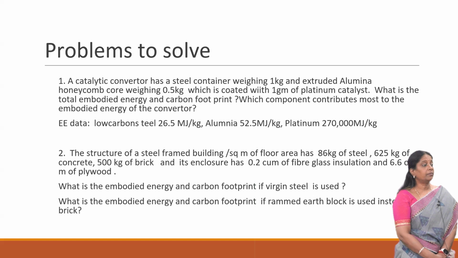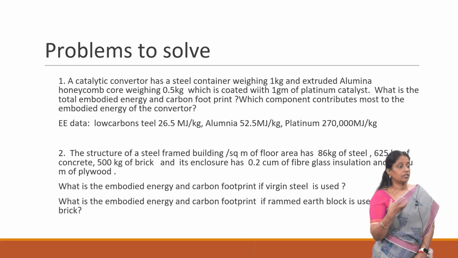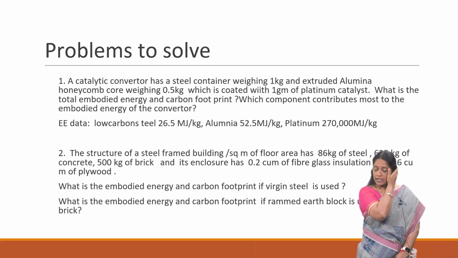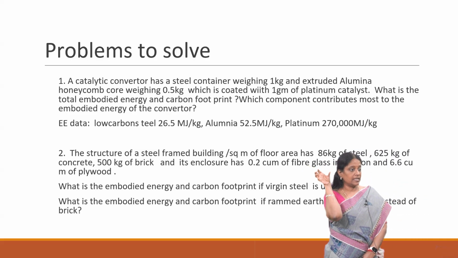Similarly, there are carbon emissions given for these 3 materials in the textbook. So then you can calculate the total carbon emission at the material production stage. Okay, so that is the production stage. You will be learning it even when you're doing the LCA in depth.